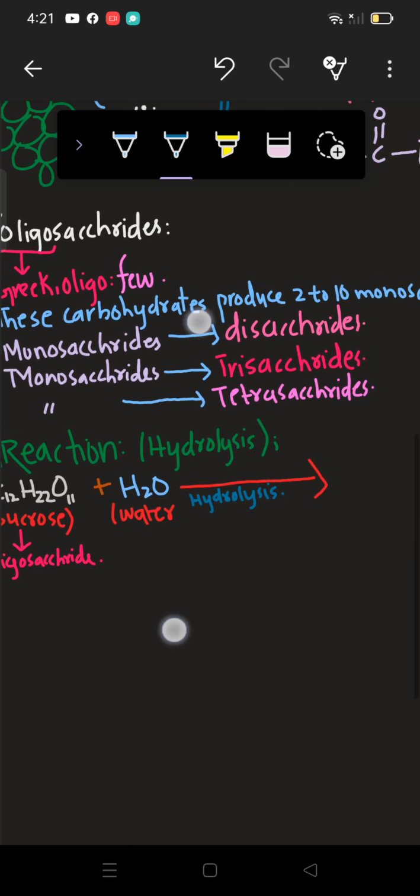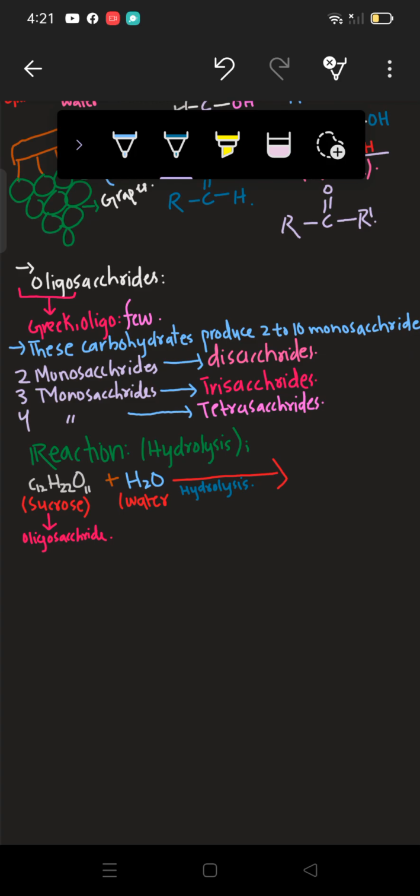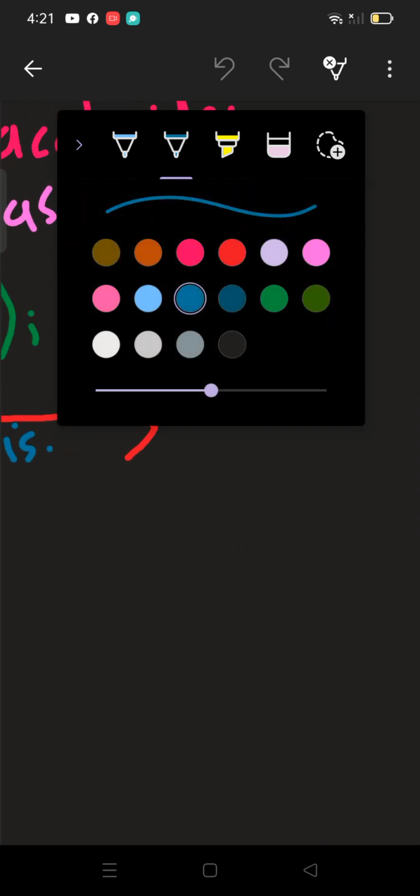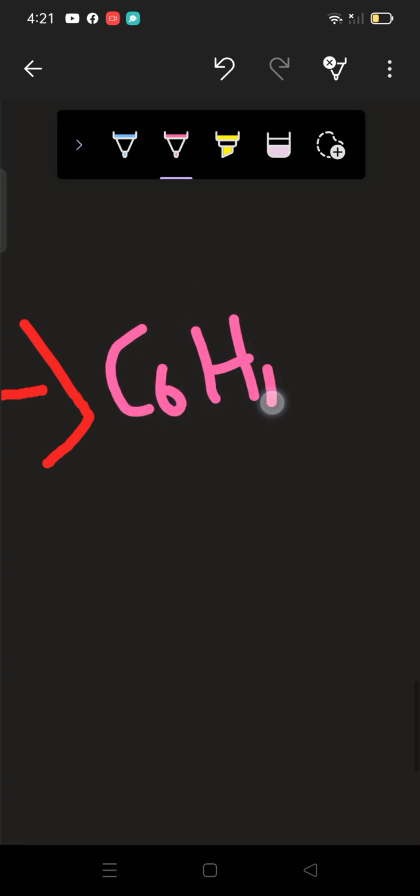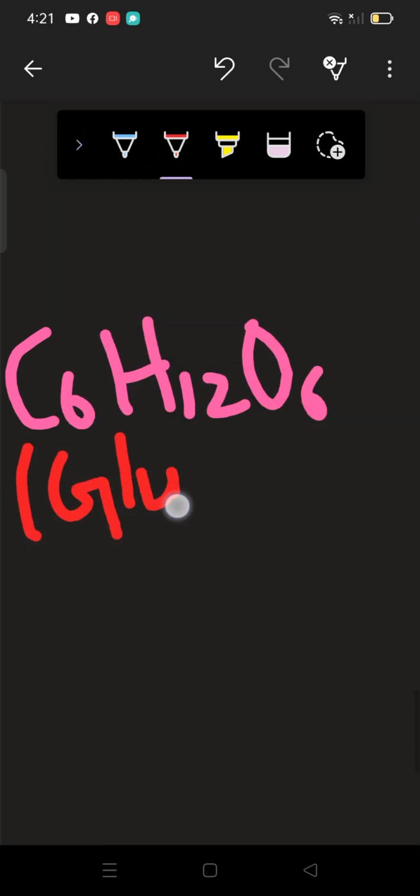Now what I have done, I have made sucrose, the oligosaccharide, react with water. What will they produce? Two monosaccharides. The one monosaccharide is C6H12O6, which is the formula of glucose.